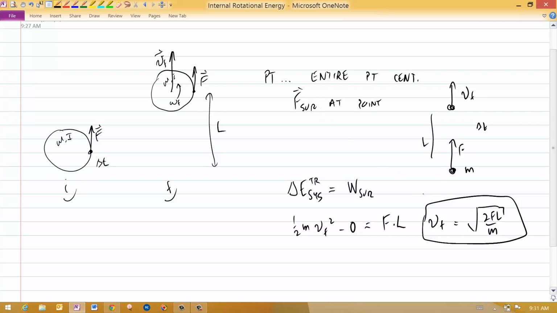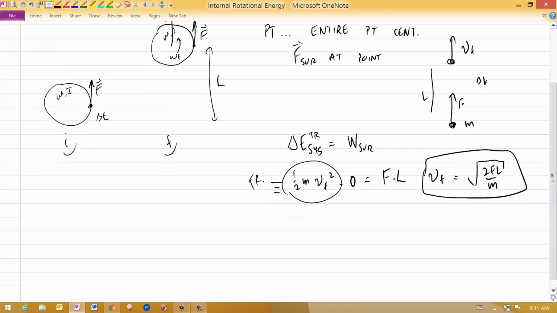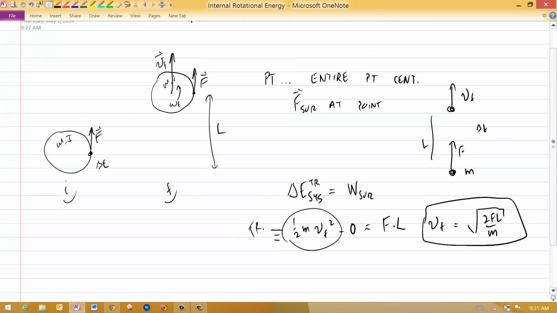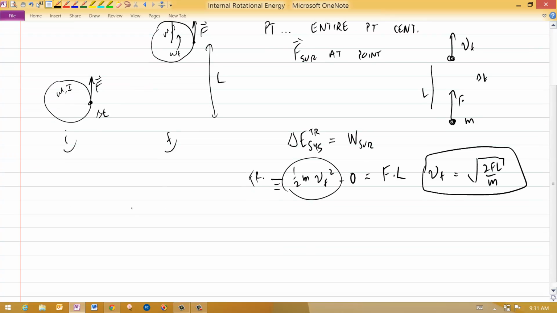So for the point particle system, I know that this is the translational energy. What is the rotational energy? Well, if I knew what the omega final was, E internal, which in this case would be just E rotational, would be 1/2 I omega final squared.